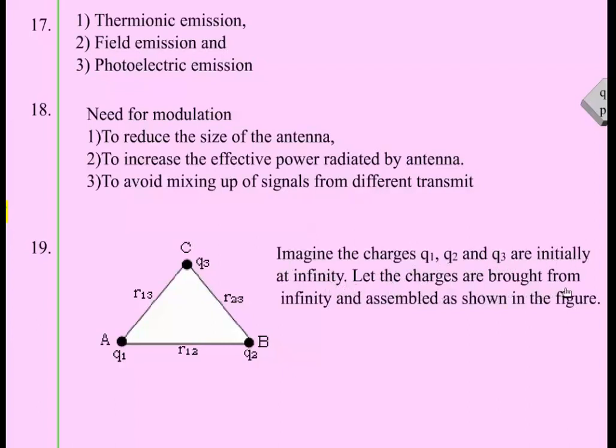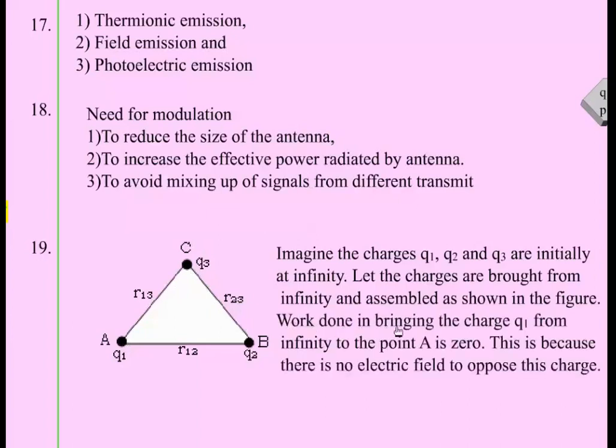Let the charges be brought from infinity and assembled as shown in the figure. Of course, in the beginning, all these are at infinity. Work done in bringing the charge Q1 from infinity to the point A is 0. Look here, to bring this one from infinity to this point, no work is required. This is because there are no other charges to oppose it.